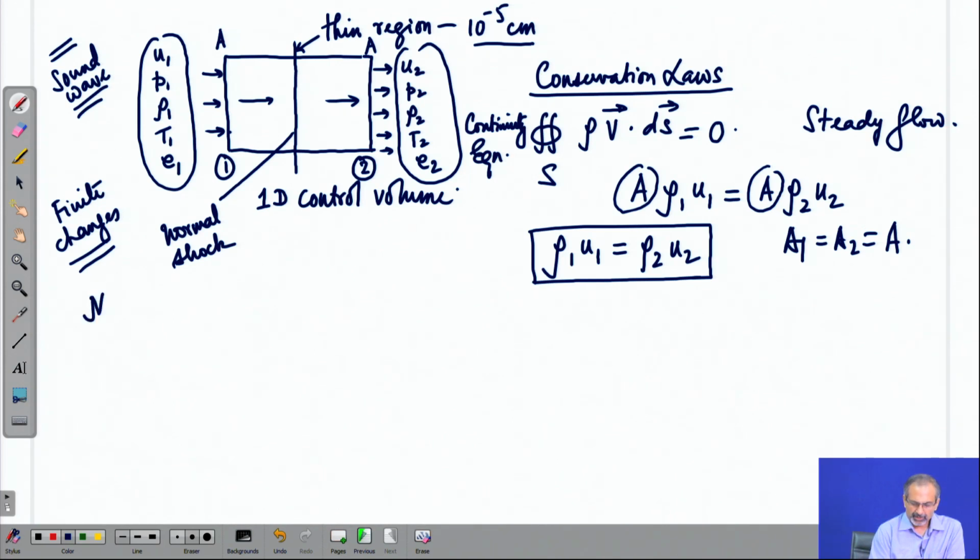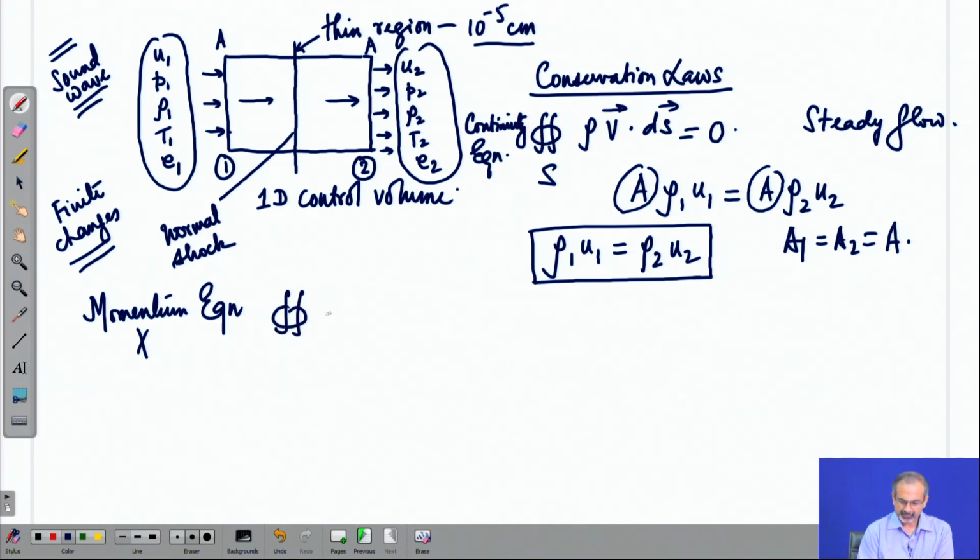What about the momentum equation? Since we are talking about a one dimensional flow, it is sufficient if we look at say the x component of the momentum equation, and when we do that, the integral form of the equation will contain two terms on the two sides of the equation.